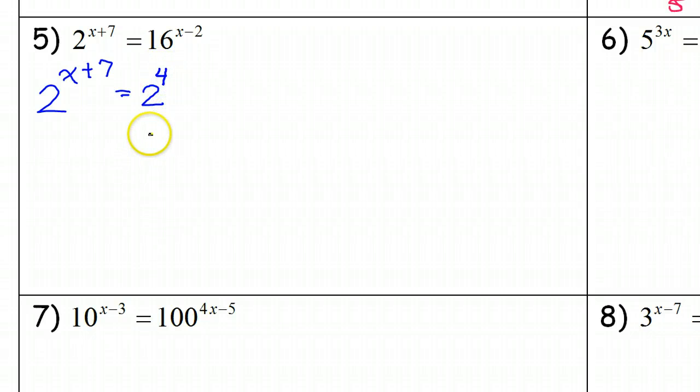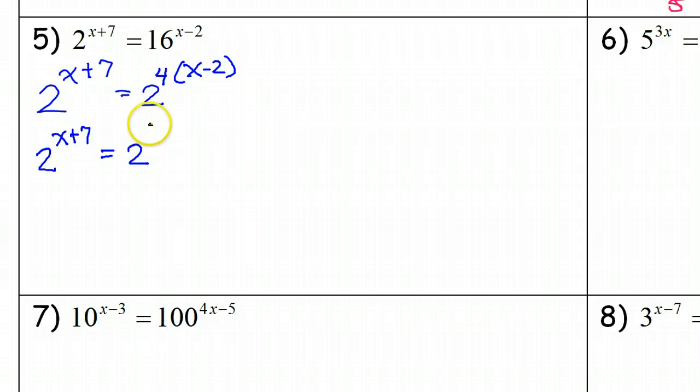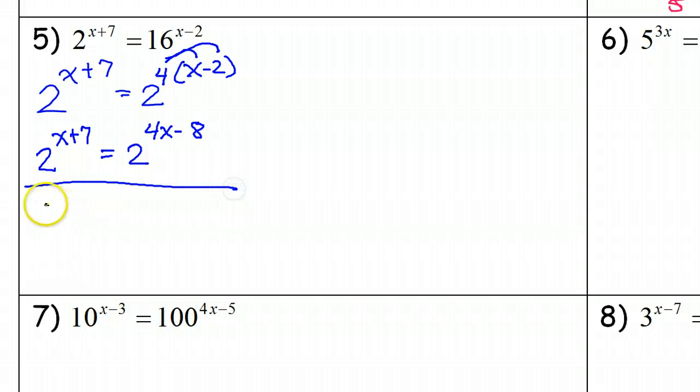And then I still have my x minus 2 sitting there. So that's going to be 2 to the x plus 7 is equal to 2 to the 4x minus 8. You know, distributive property. Now that the bases are the same, the exponents must be the same. In other words, x plus 7 must equal 4x minus 8.